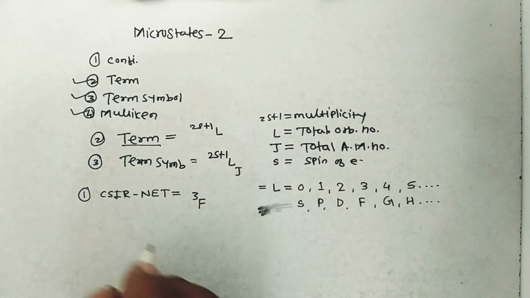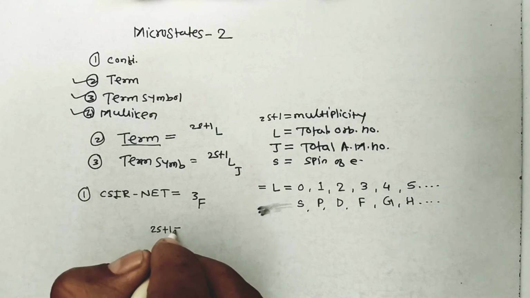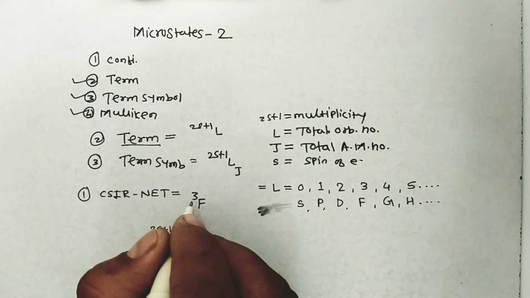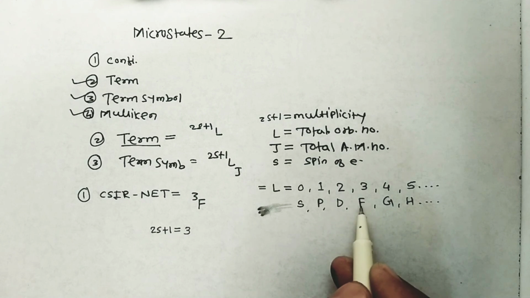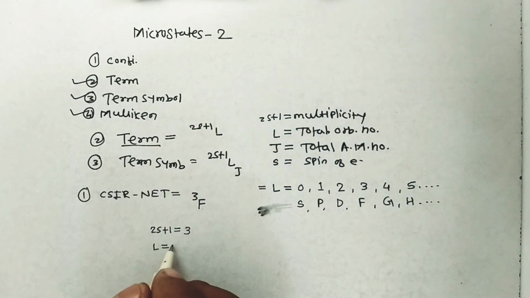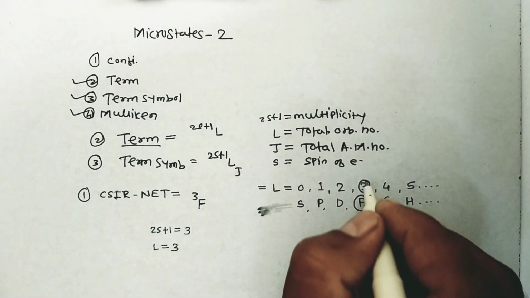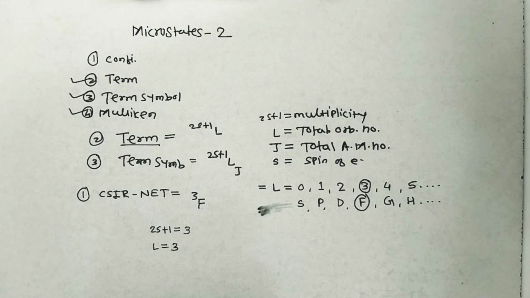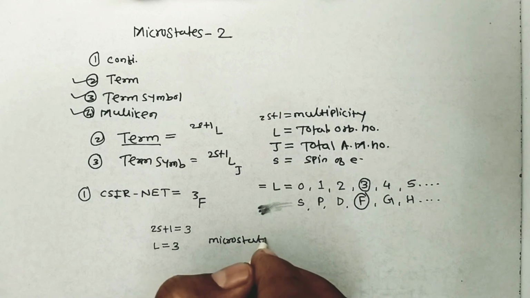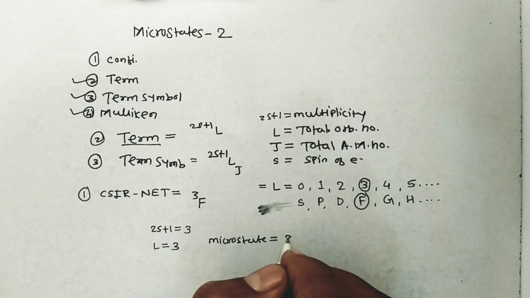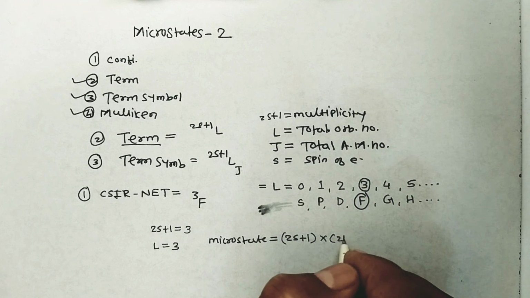Here 3 is equal to 2S plus 1. The spin multiplicity is given as 3, therefore 2S plus 1 is equal to 3, and the term letter is given as F. It means that the value of L is 3. To calculate the number of microstates in case of a term, there is a formula: 2S plus 1 into 2L plus 1.